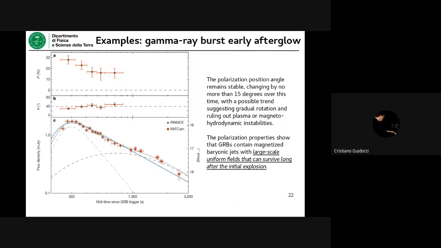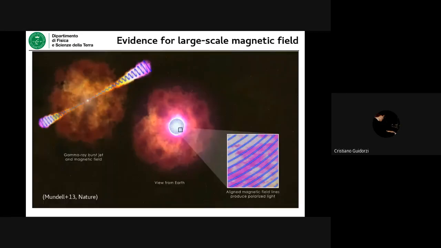But this is just a hint, a way of proving how important. In this case, we explored a part of the physics involved which is not explorable otherwise. So when you can measure polarization, you can get really important clues about the source. And this is just a picture telling you exactly the kind of information.